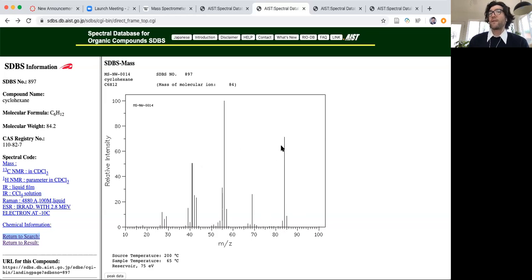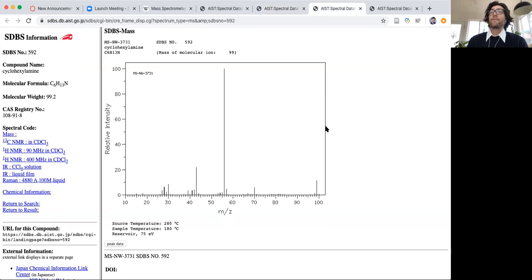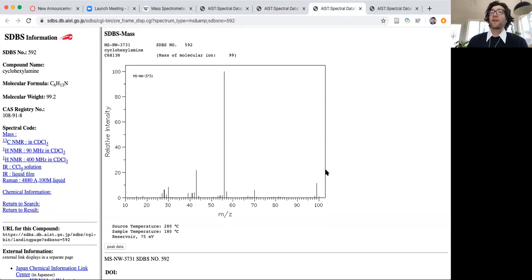One interesting thing is that if you start to add amine functional groups, NH2 functional groups, onto these molecules, they are important in mass spectrometry because they now make the molecular weight odd. This is cyclohexylamine. We replaced one CH bond with one CNH2 bond, where the carbon is bound to nitrogen and nitrogen bound to two hydrogens.